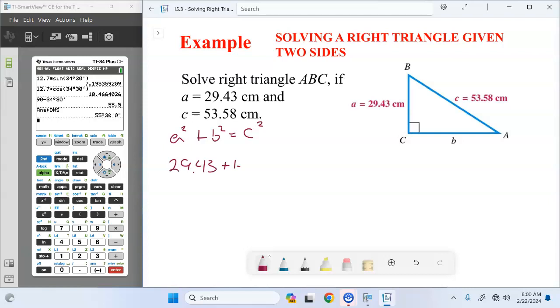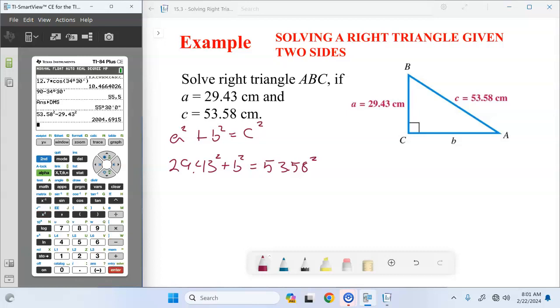29.43 squared plus b squared equals 53.58 squared. So we can take 53.58 squared and minus our 29.43 squared, and that's going to give us our b squared. Okay, I don't want to round this yet because I'm not done.